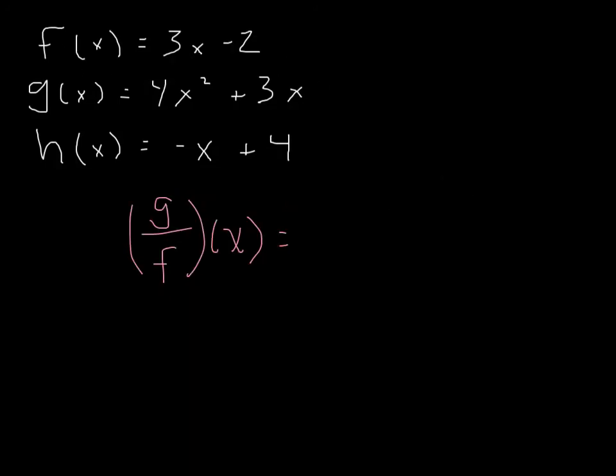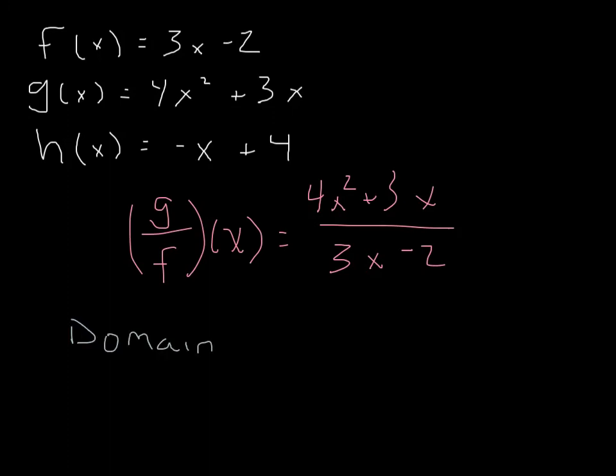Let's try that again. This time we'll take g over f of x, which will simply just be 4x squared plus 3x all over 3x minus 2. So the dividing part is very, very easy. But now I need to examine my domain.